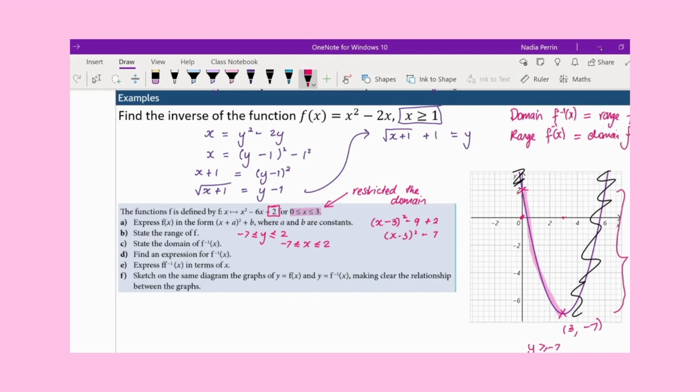Lastly, we want to find an expression for the inverse. So again, we're using our completed square form. So I'm going to put x is equal to, using this expression here, (y minus 3) squared minus 7. I'm going to add the 7 over. I'm going to square root it.